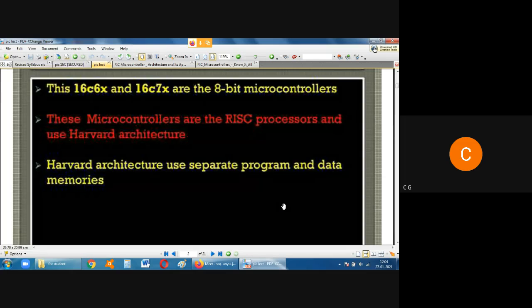So if you want to accommodate all these things, you will have to expand the bit size. In an 8-bit microcontroller, you will be able to accommodate 2 raised to 8 parameters or things into it, in the form of data. So even if you have 2 raised to 4 or 2 raised to 5 instructions or 2 raised to 8 instructions, when you talk about the data, the microcontroller or the microcomputer needs to know what that is.